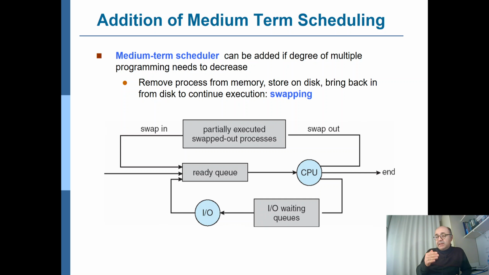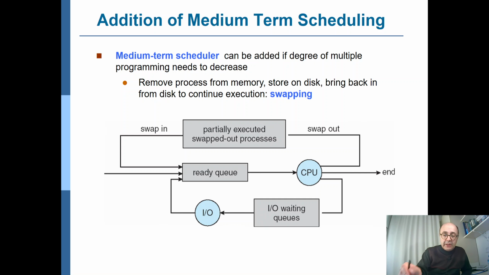Now, putting things on the swap is called the swap out operation. And bringing processes that were partially executed and are now waiting in the swap back into the memory is called the swap in operation.